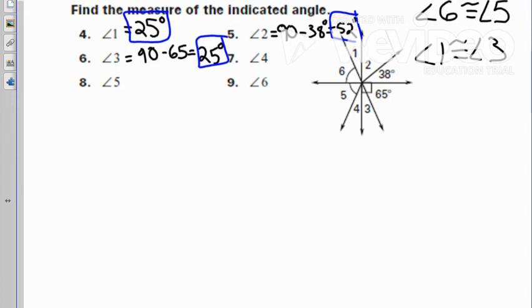Is that going to be a vertical angle to 65? Yes, it is. So angle 6 is 65 degrees, which would imply that angle 5 is also 65 degrees, because we said that those are congruent here. So for our last remaining angle, we'd have to do 90 minus 65, which we've already done, which equals what?